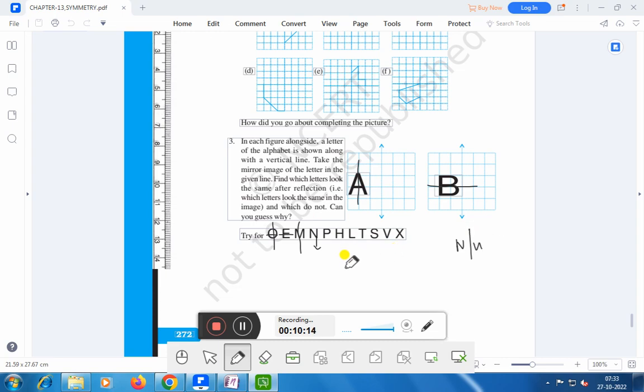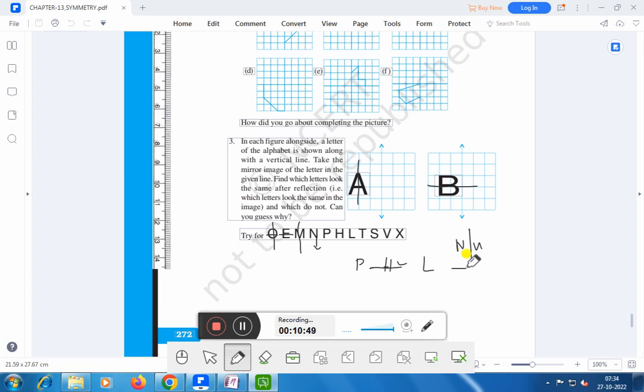And if we draw a P, given the line, in P we cannot get the mirror image. In H, if we put the mirror in this way, you will get the H. In case of L, we will not get the mirror image if we draw a vertical line here, right?